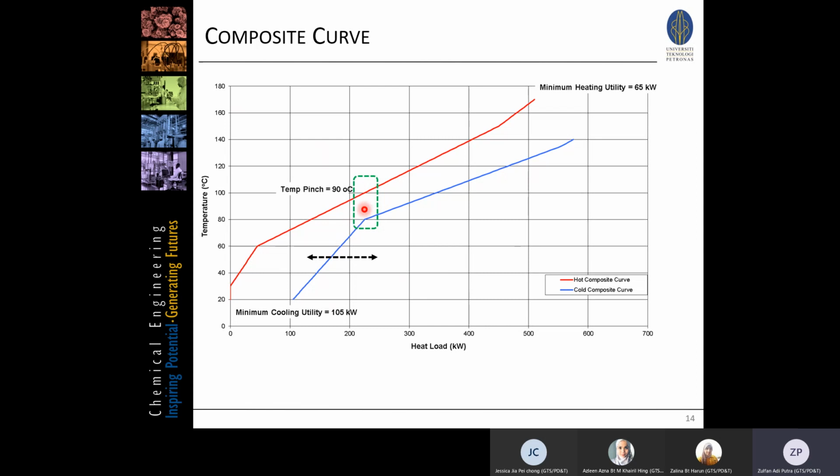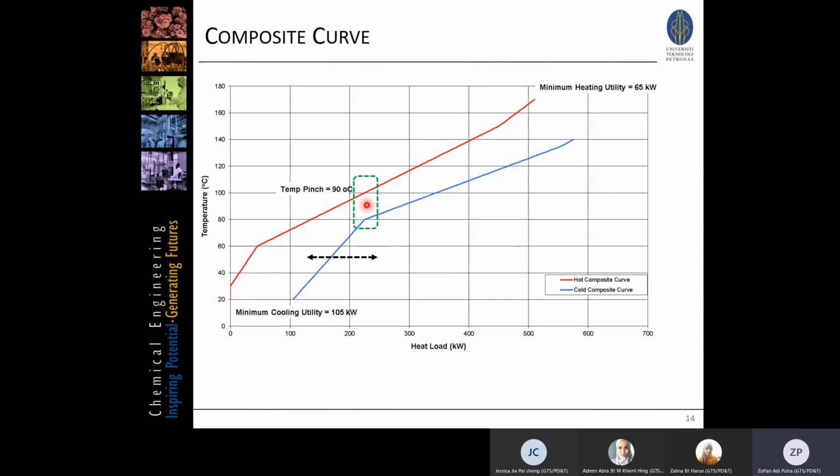So we can calculate this whole delta T, and in this graph particularly, the smallest distance is 20 degrees C, 100 minus 80. This 20 degrees C is what we call our delta T min, or the delta T pinch, or whatever they want to call it.